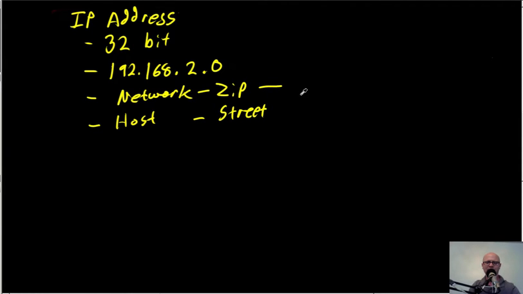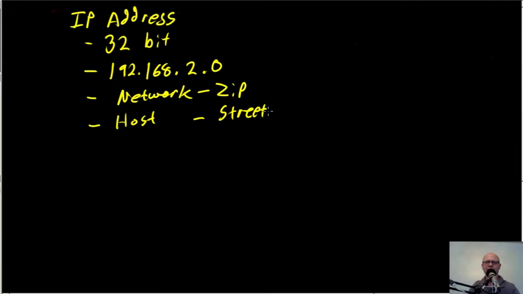And I always teach an analogy that the network portion is like a zip code and the host portion is like a street address. So if you're going to send a letter from New York City all the way to Los Angeles, all those post offices in between that letter is going to pass through, and the sorting facilities and everything, are kind of like routers.